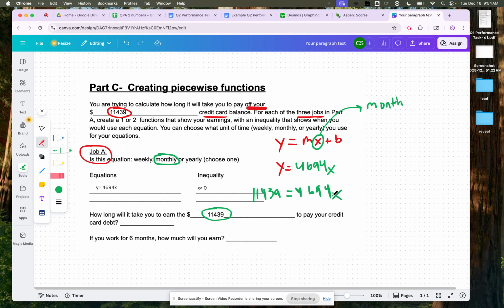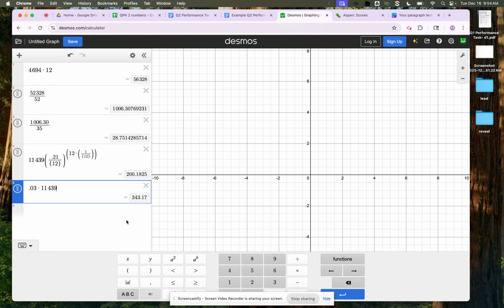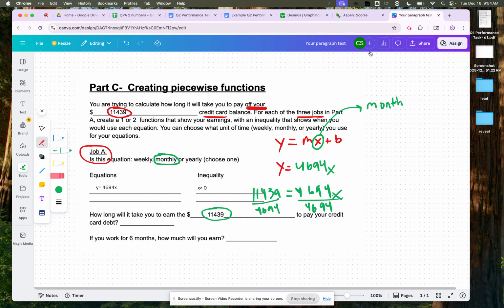Instead of multiplying, I'm going to divide. I'm going to divide by $4,694. So $11,439 divided by $4,694.